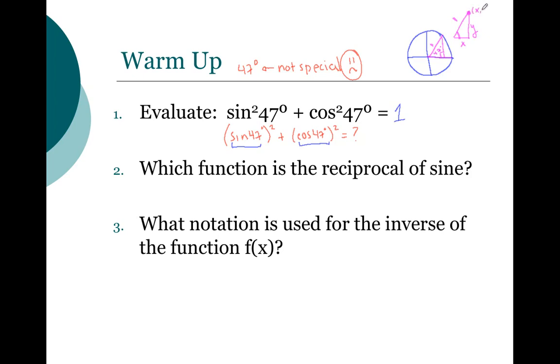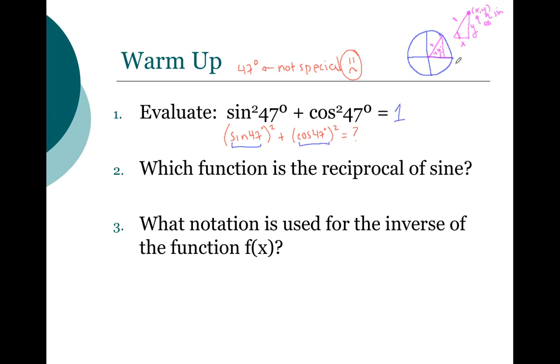That's x comma y. And we talked about how x was a cosine thing and y was a sine thing, right? Because when you do the sine of 47, you're going to get y over 1, right? And when you do the cosine of 47, you get x over 1, right?